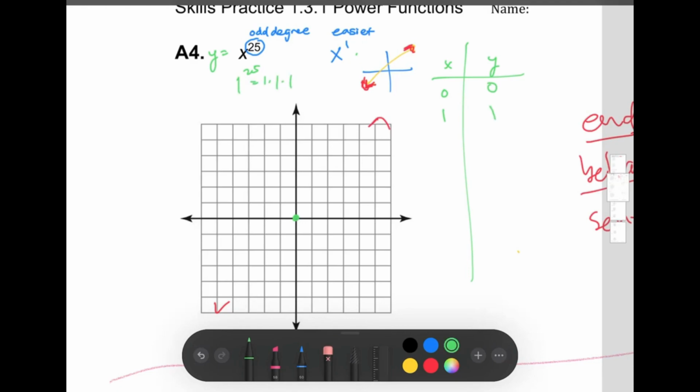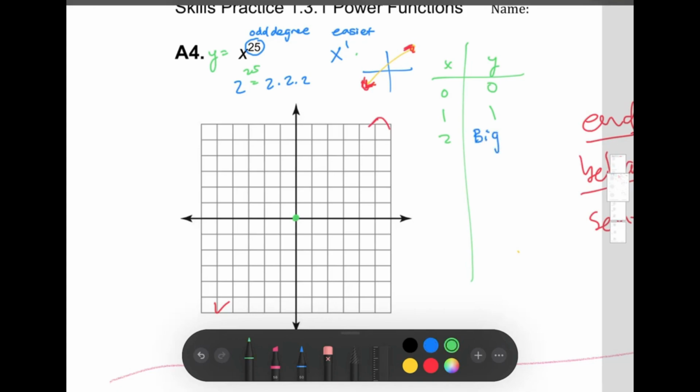But pay attention to this one. 2 to the 25th power is going to be some very large number. It's going to be huge, big. Big number.